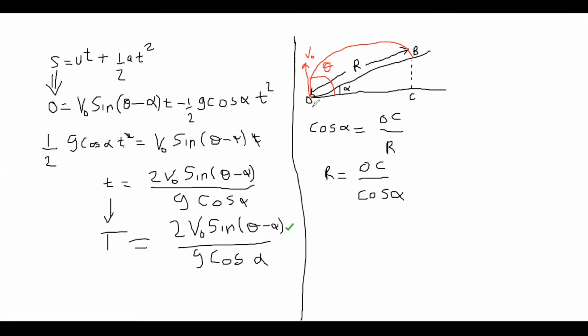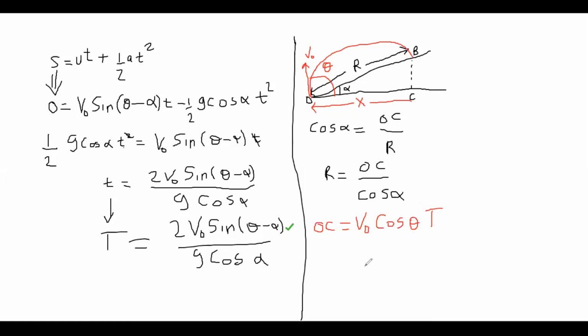Therefore, if we want to find this distance OC, we are going to say the horizontal distance OC will be equal to V naught, the initial velocity of projection, times cos of theta, times time of flight, which is from O to B. Our time of flight, we have already derived here.